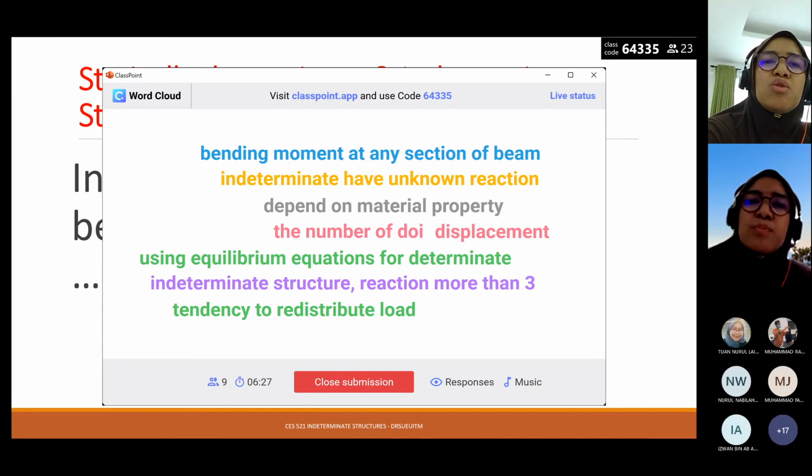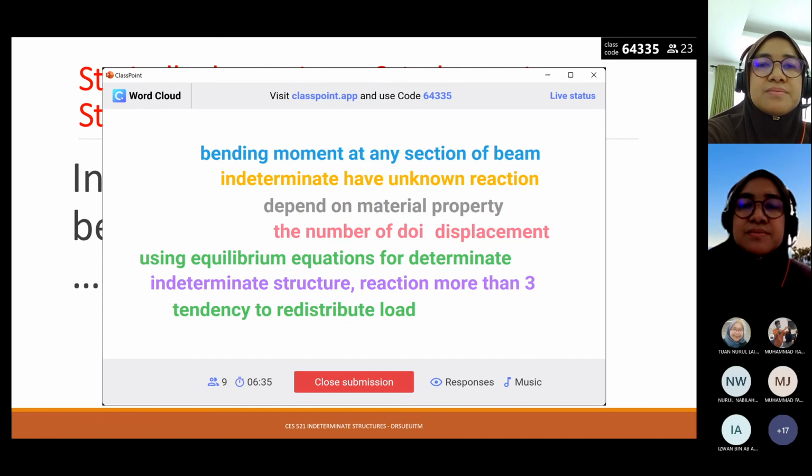There are actually so many differences that you can write regarding determinate and indeterminate structures. So many things to write.